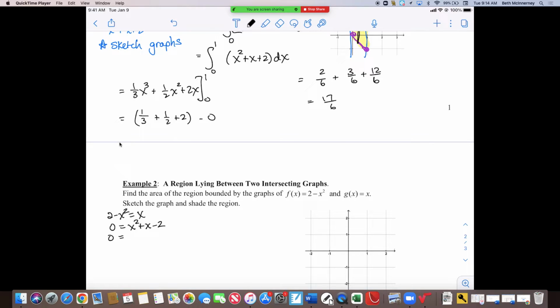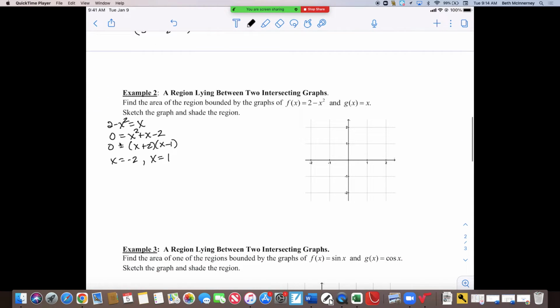I get everything on one side, and then this factors into x plus 2, x minus 1. So those are going to be my points of intersection for the line y equals x. That's g of x. Then let's grab the parabola.